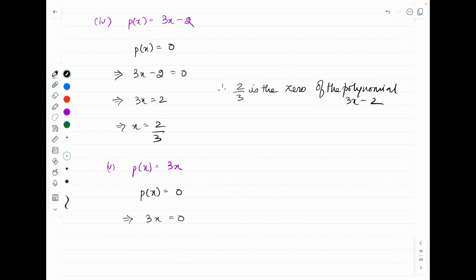See, from here only x can make this equation 0. 3 into x is written. X is the variable, only x can make it 0. That means x equals 0 here. So we will write 0 is the zero of the polynomial 3x.